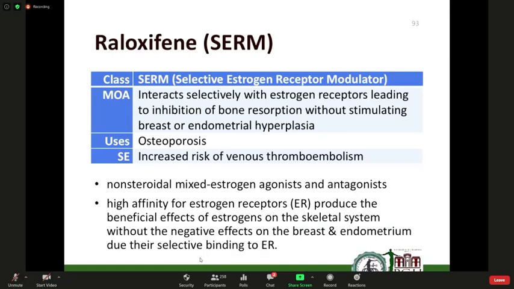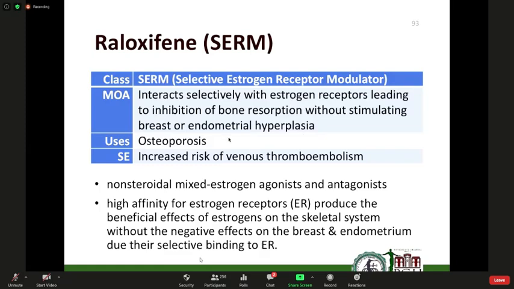Okay, so again, hormonal therapy, while you can give estrogen pa rin at low doses, there is fear of venous thromboembolism, and that's why they thought that maybe it's better to give a SERM, or a selective estrogen receptor modulator. So it interacts with the estrogen receptors and you know that estrogen by itself inhibits bone resorption.